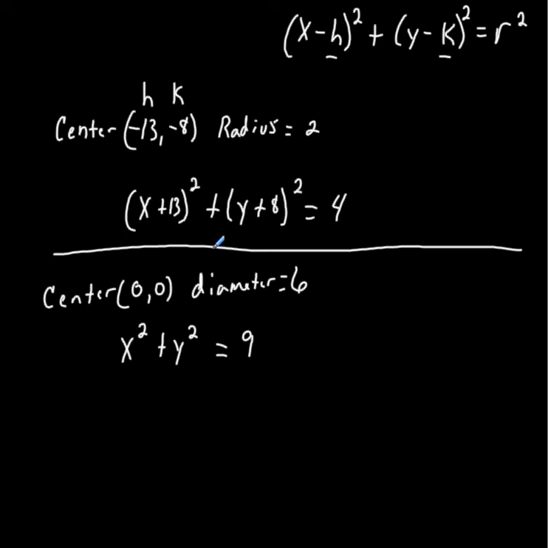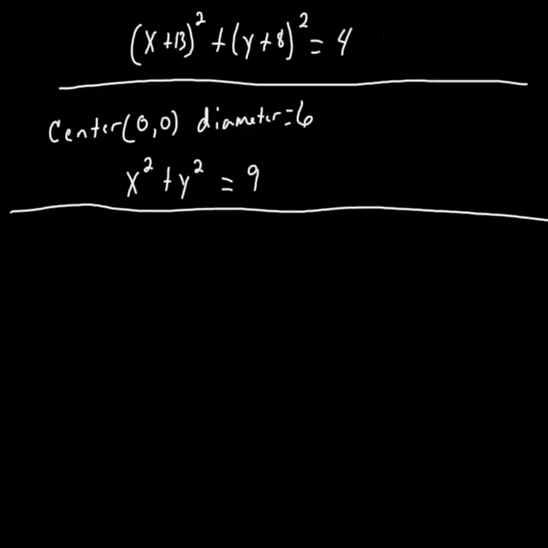Okay, now these were pretty easy. Let's try one where it's not in a standard form already, or they don't give you pieces like this, but they give you an equation that is in a non-standard format, and you have to convert it. Alright. Let's try this equation.